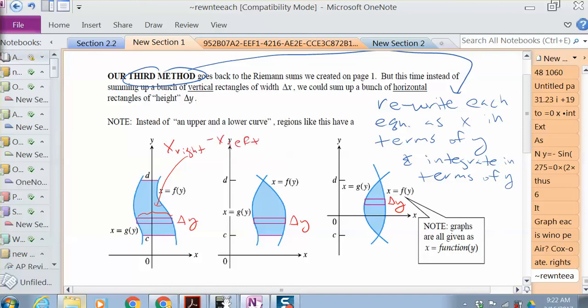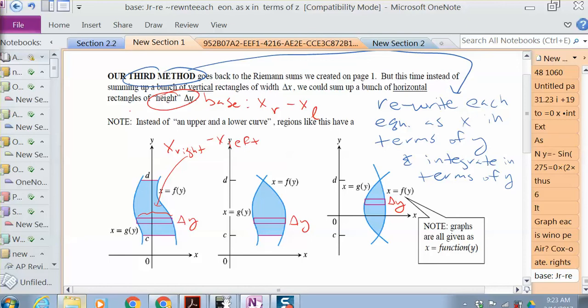If you just think about it, the area would be base times height. You could say your base is x right minus x left, and your height, of course, is delta y. And then you're just going to bunch them all up and add the areas.